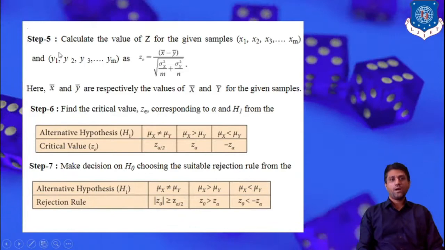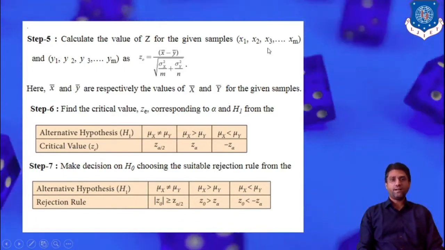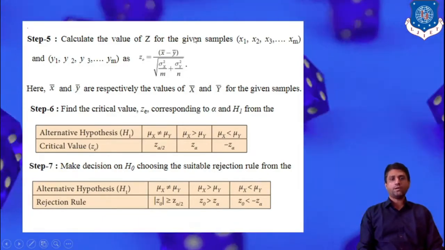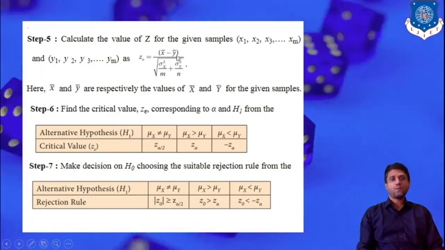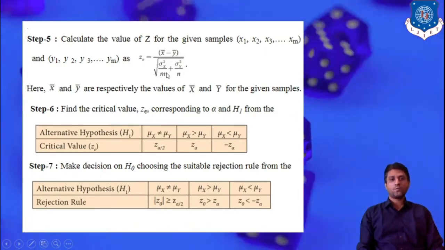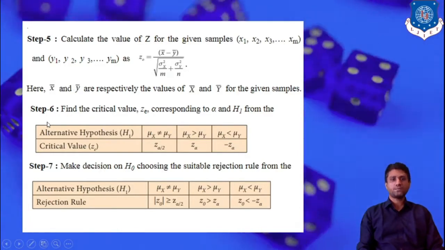Now step number 5. Corresponding to the taken random observations, we have to calculate the value of the Z statistic, that is Z observed value, x bar minus y bar upon the square root of sigma x square upon m plus sigma y square upon n. Now step number 6.